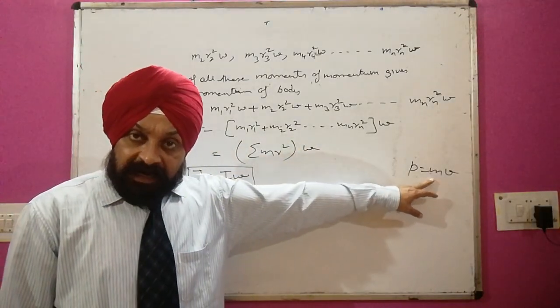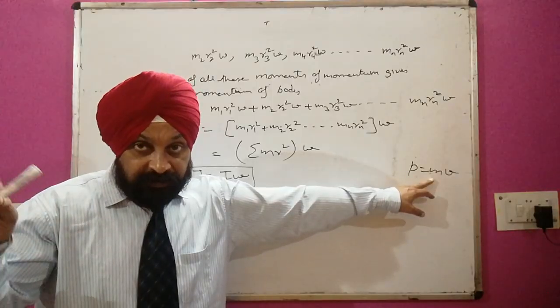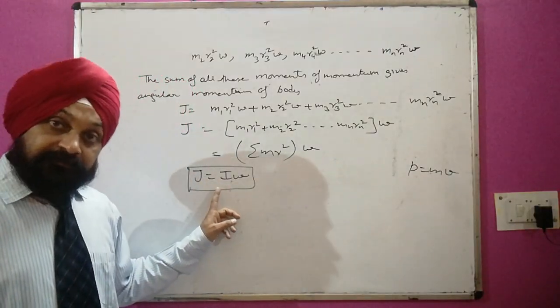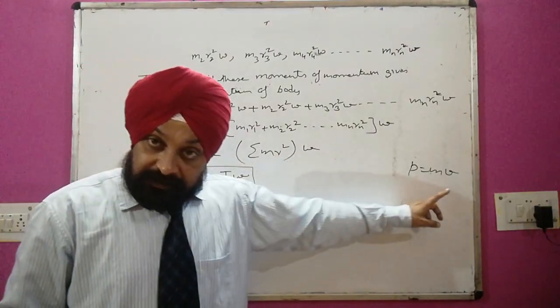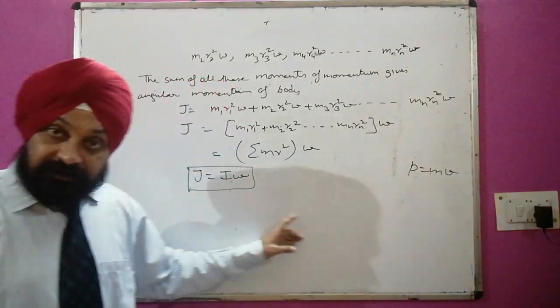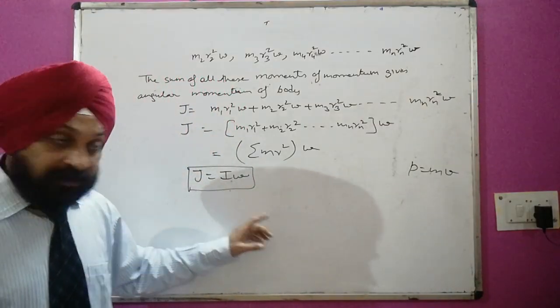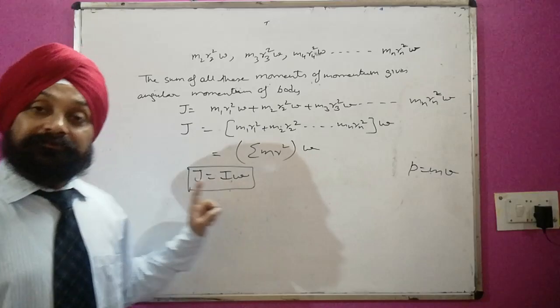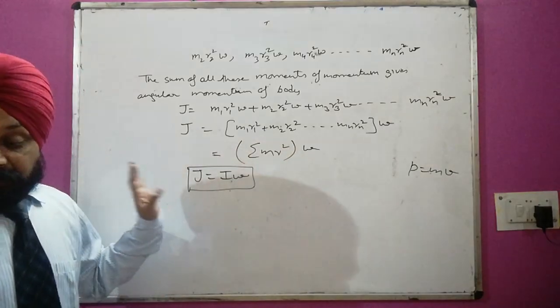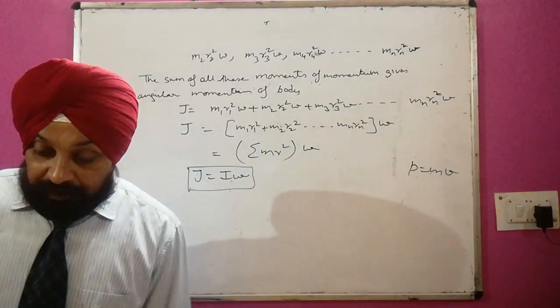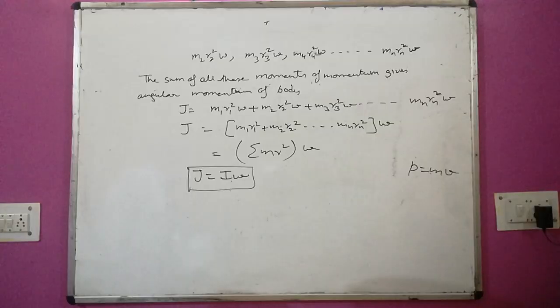The role played by mass in straight line motion is played by moment of inertia. In straight line motion we have velocity, here it is angular velocity. Momentum becomes angular momentum. J equal to I omega is a very important expression to be remembered.